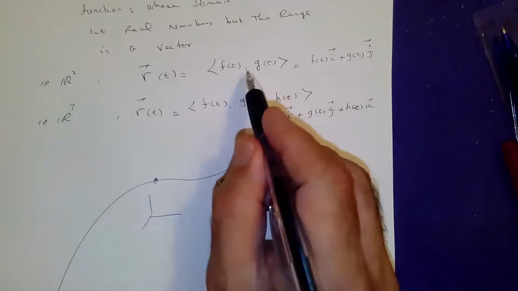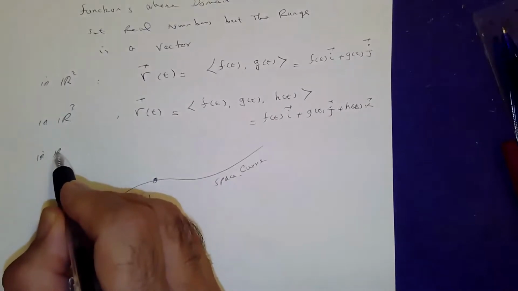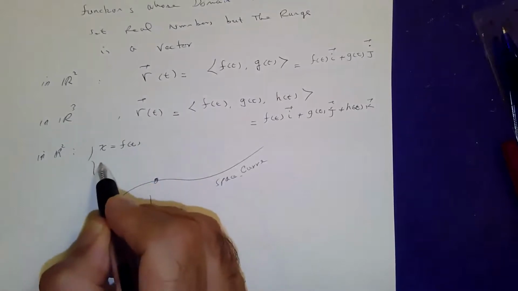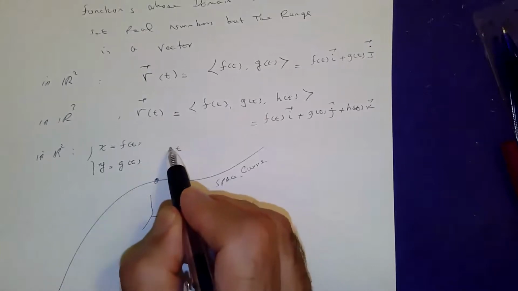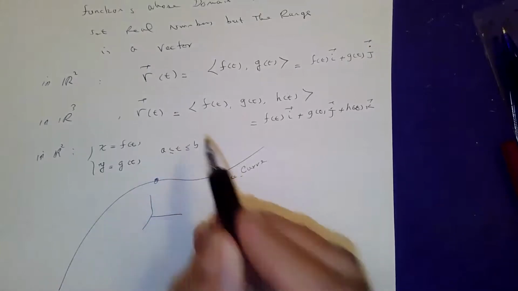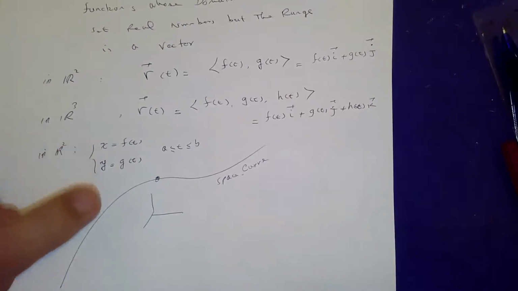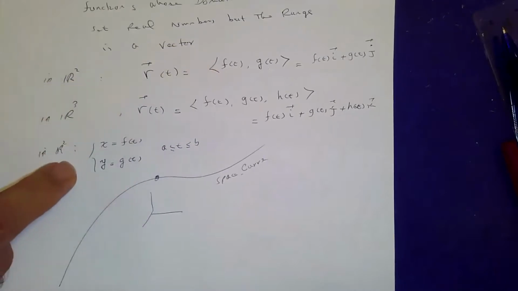For instance, the first one in R2 I can rewrite as x equals f of t and y equals g of t, and let's say t goes from a to b. These are called the parametric equations of the same curve. This is the vector form, this is the parametric form.